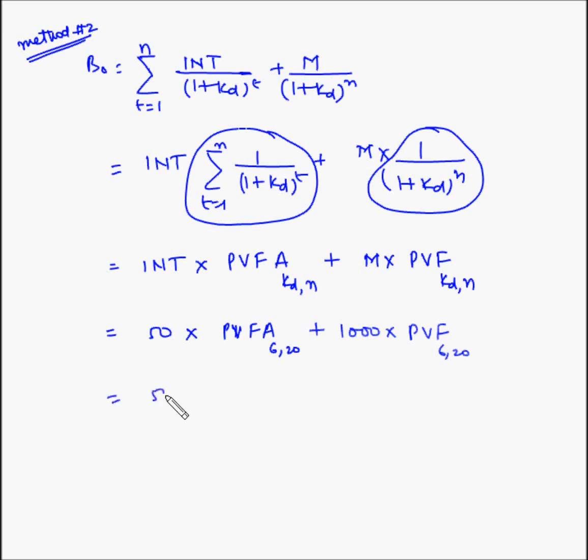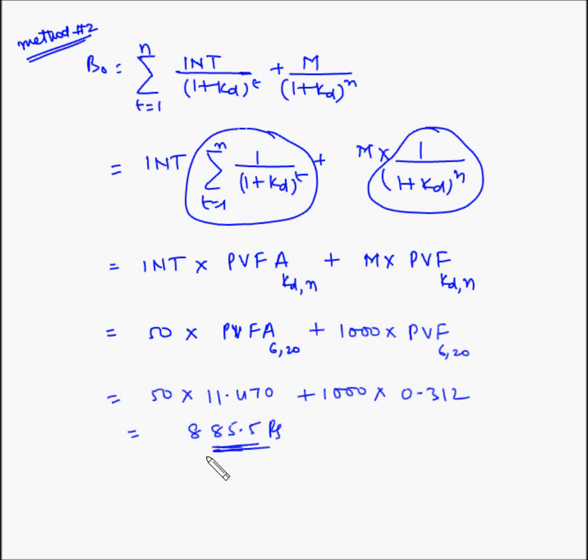So this becomes 50 into, now the value of this factor is 11.470 plus 1000 into 0.312. So this becomes 885.5 rupees. So this is the present value of the bond.